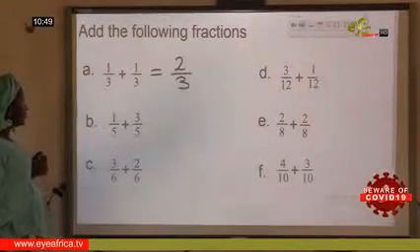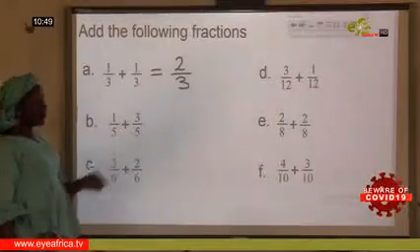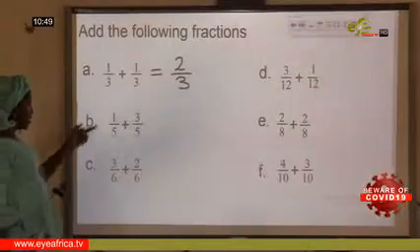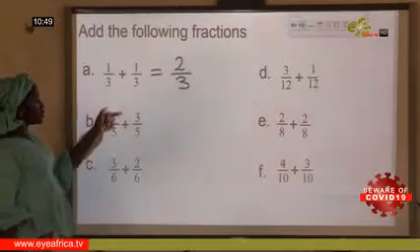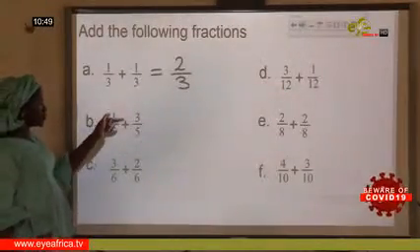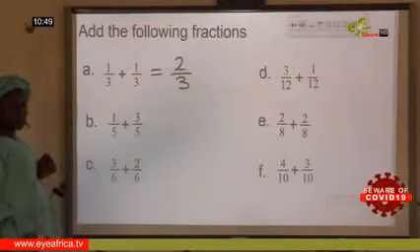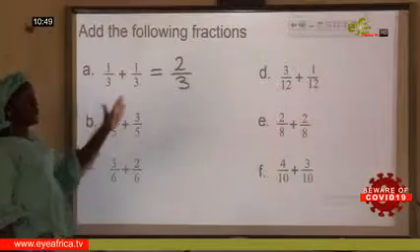So our answer is 2/3. Question B, 1/5 plus 3/5. Again, the same denominator, we are to add the numerators.